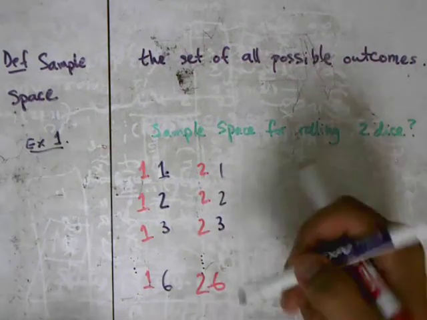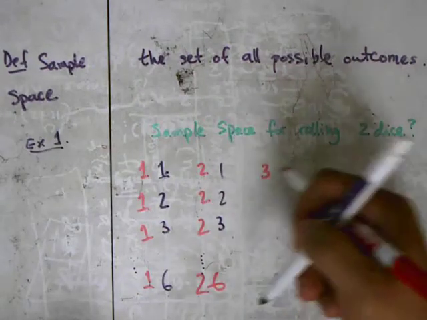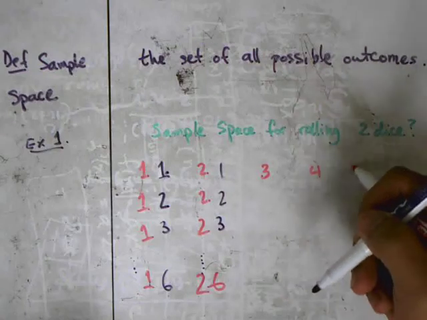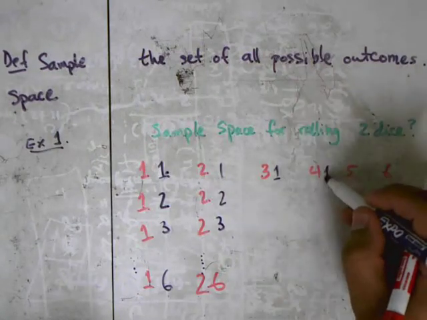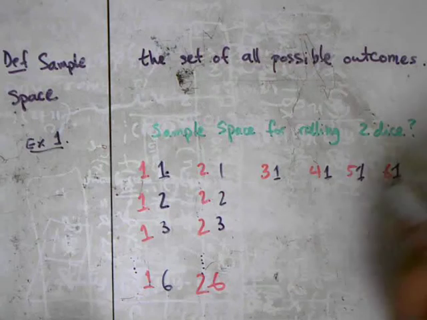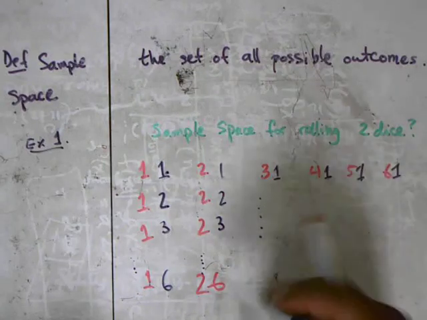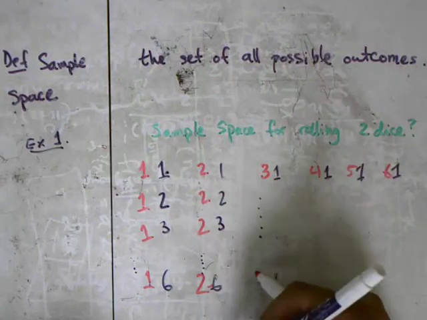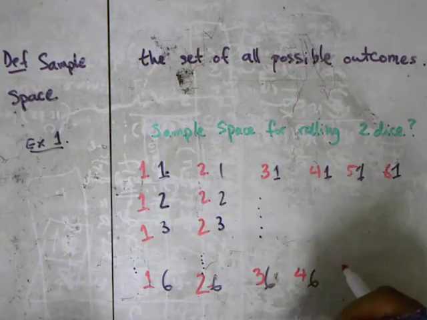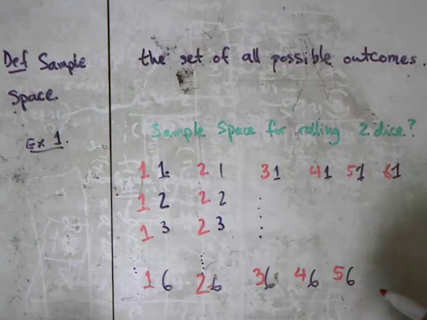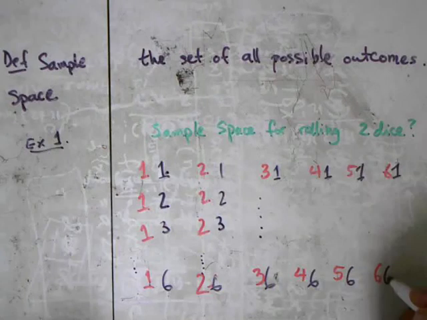And we can repeat this pattern so you can get a 3 first, or a 4 first, or a 5 first, or a 6 first, and then there's 3 and a 1, 4 and a 1, 5 and a 1, 6 and a 1, and this pattern repeats until you get down here. 3 and a 6, 4 and a 6, 5 and a 6, and then a 6 and a 6.